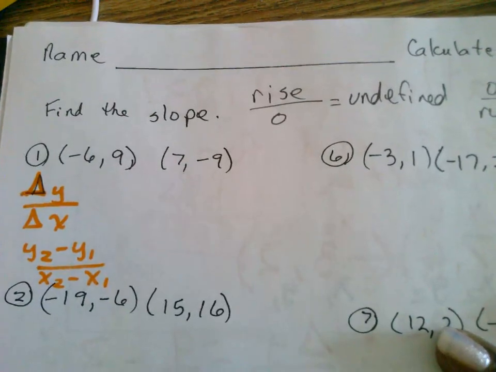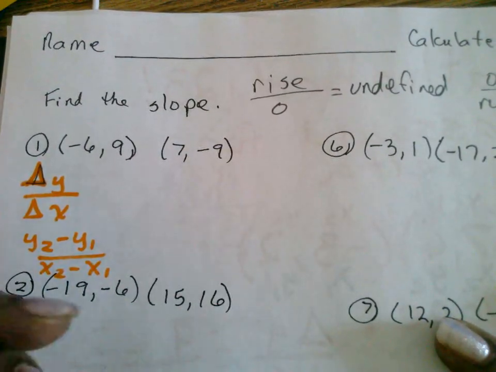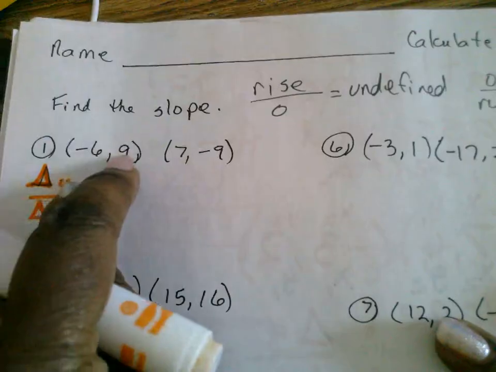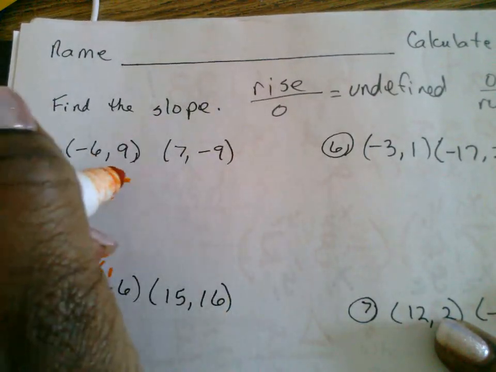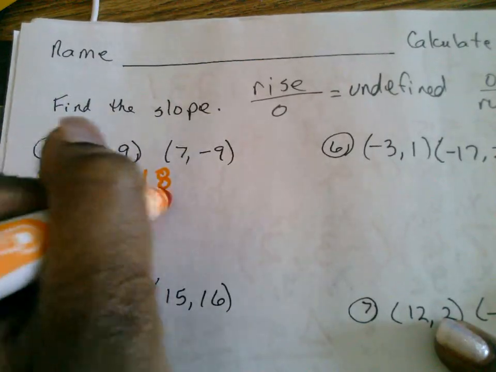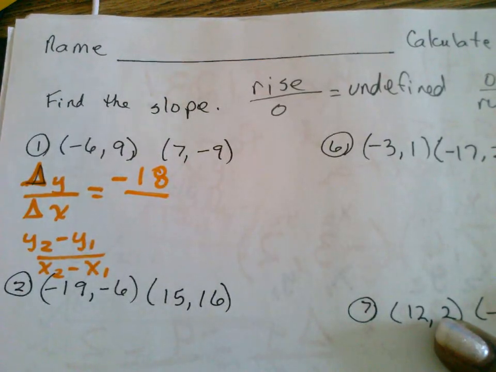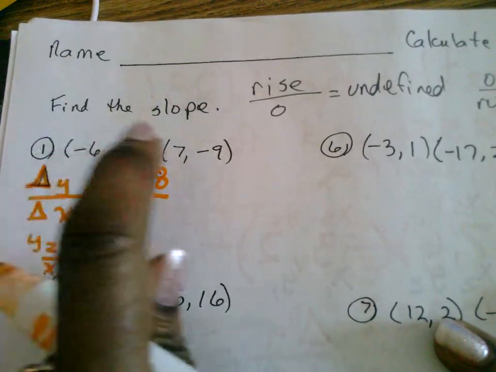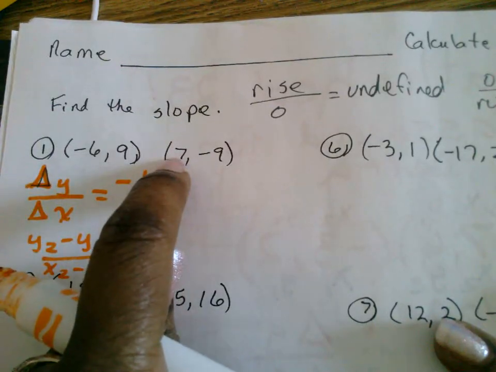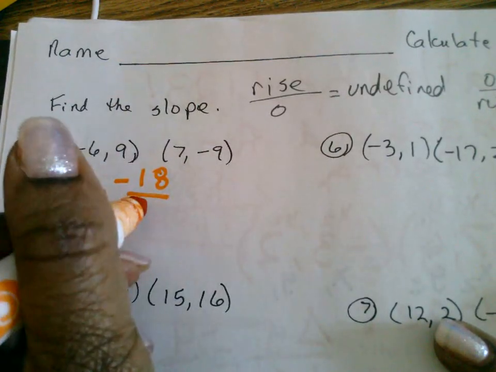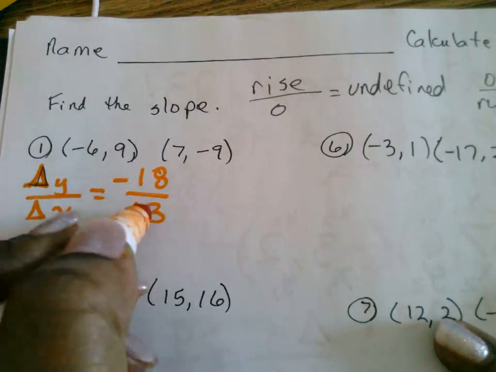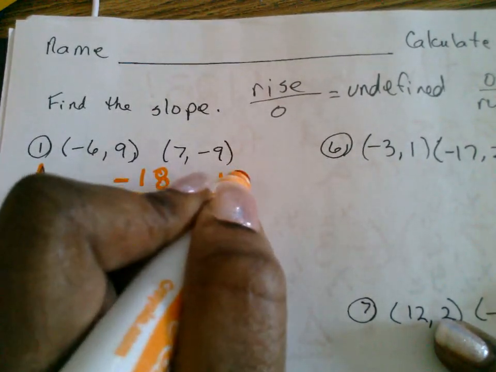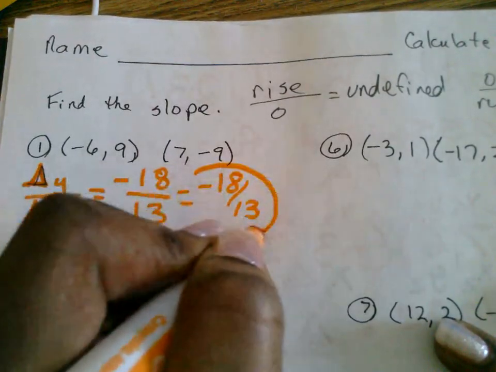I'm only going to do number 1, okay? 9 to negative 9 is decreasing by 18. Negative 6 to 7 is increasing by 13. And I would leave this as 18/13 because we want it as a rise over a run.